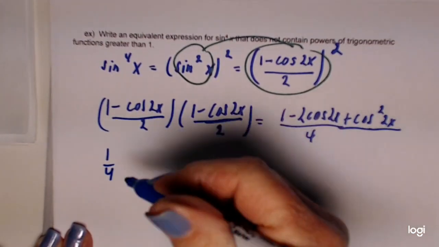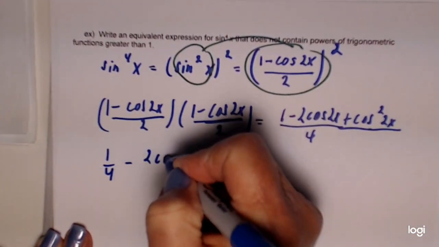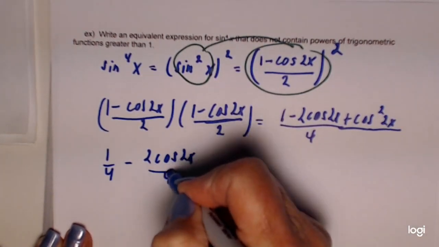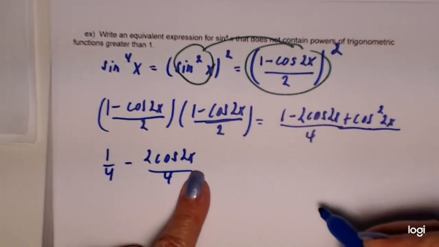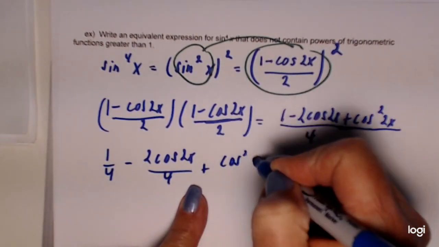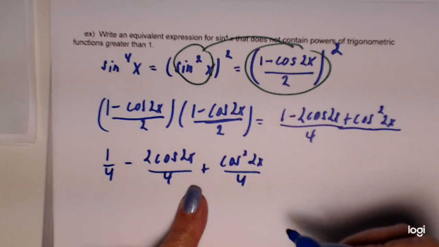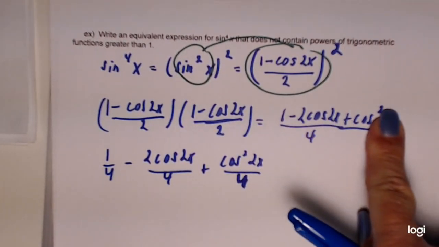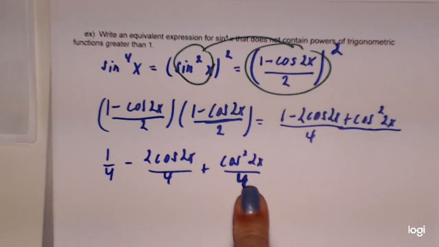Then this next one, negative cosine 2x over 4. And then plus cosine squared 2x over 4. So just taking this one numerator and breaking it into the 3 pieces to create 3 fractions.